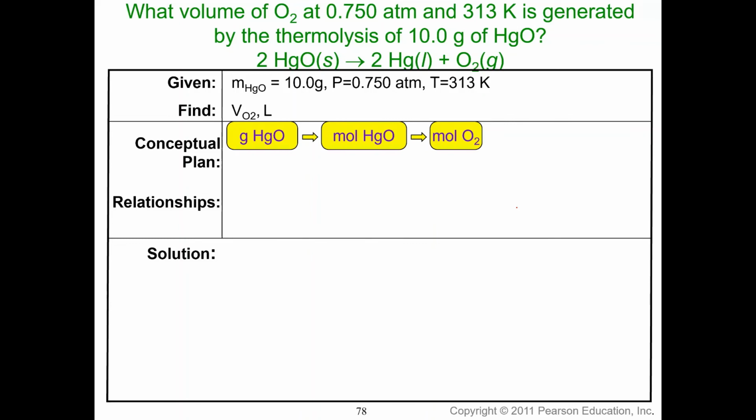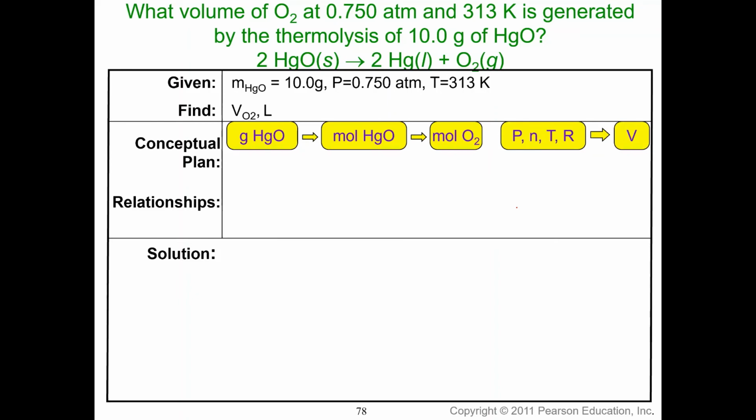Now, if you have the grams of mercury oxide per chemical equation, you can go grams to moles, moles to moles using molar ratio to find the moles of oxygen. Because if you have the moles, you have a pressure, you have a temperature, then you can calculate, using ideal gas law, what the volume is.